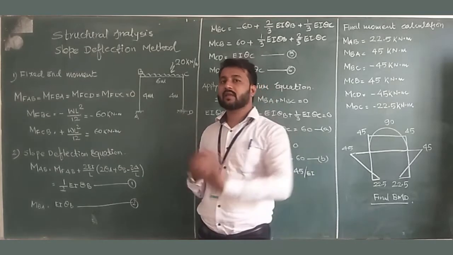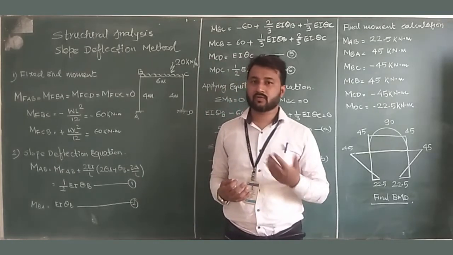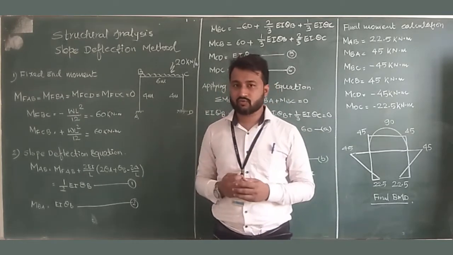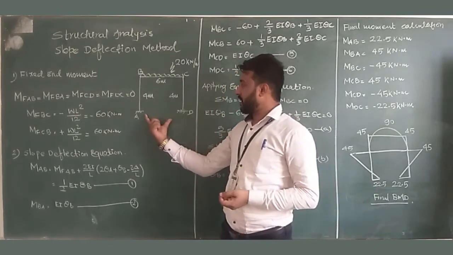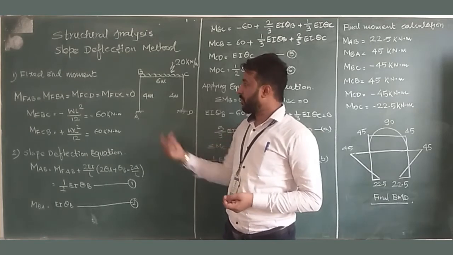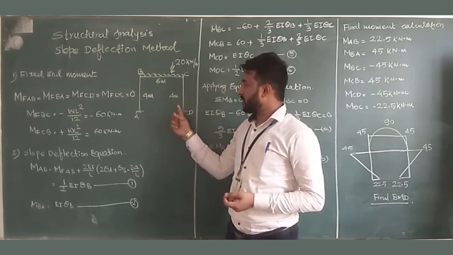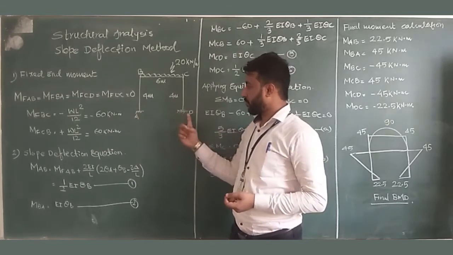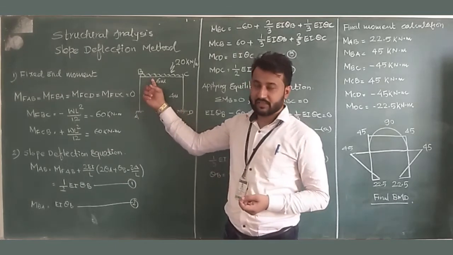In the earlier class we discussed that there are two types of frame: one is sway frame and another is non-sway frame. Here we can say this frame is non-sway on the basis of the length of the legs, the constant moment of inertia, the support system, and the loading condition.